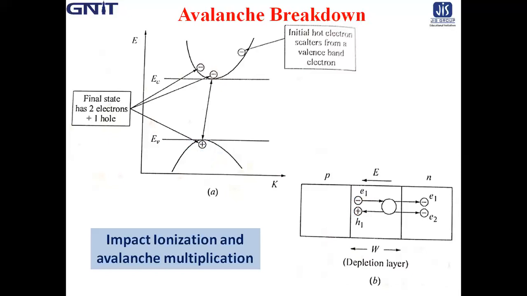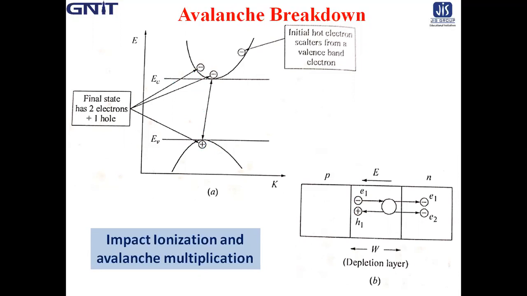Thus the initial electron should have at least minimum energy consistent with energy and momentum conservation, called threshold energy, which should be greater than the band gap energy to initiate a transition of an electron from valence band to conduction band in the impact ionization process.